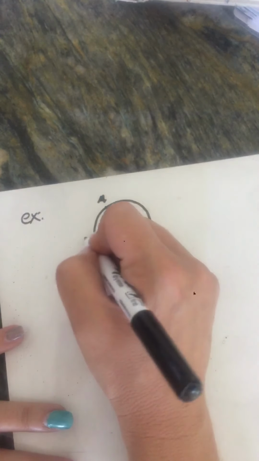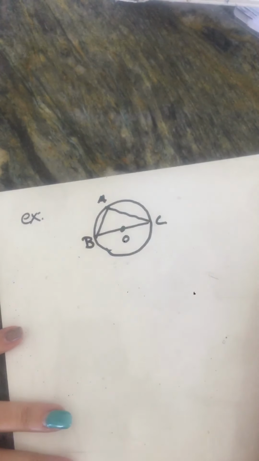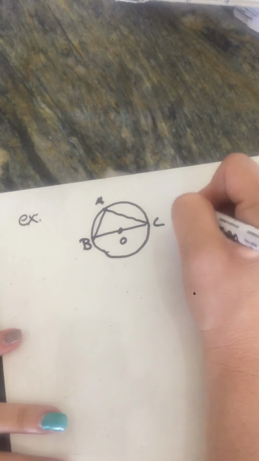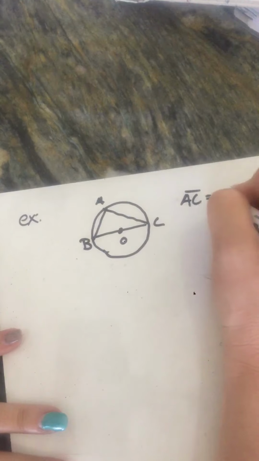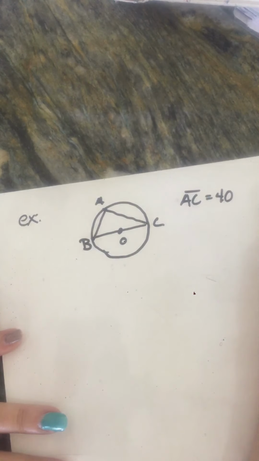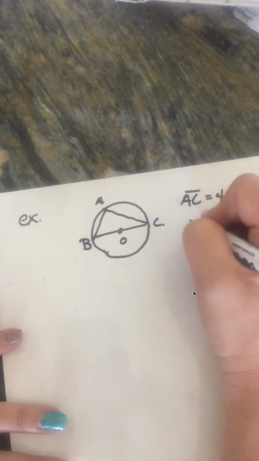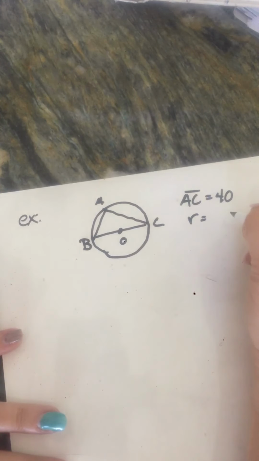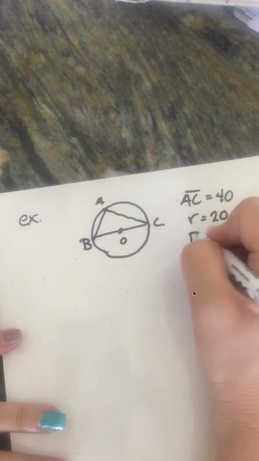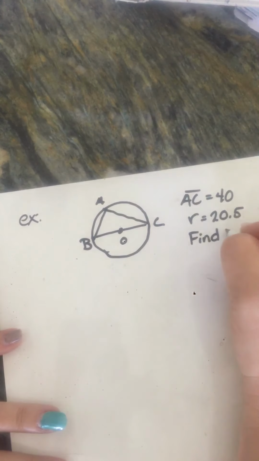This is A, B, C. And let's say that chord AC equals 40. And the radius is equal to 20.5. Find AB.